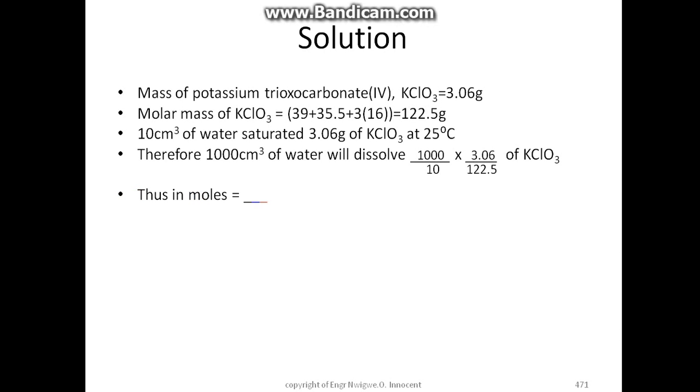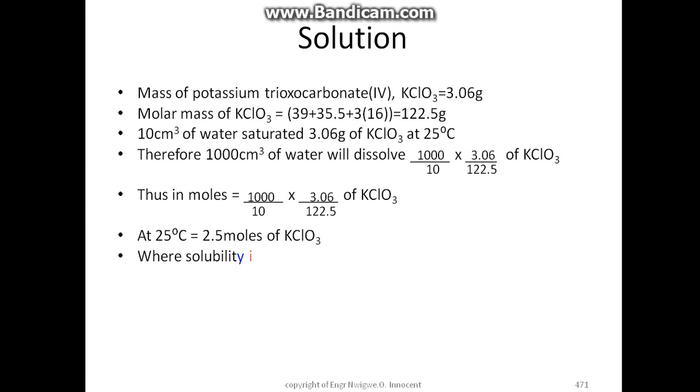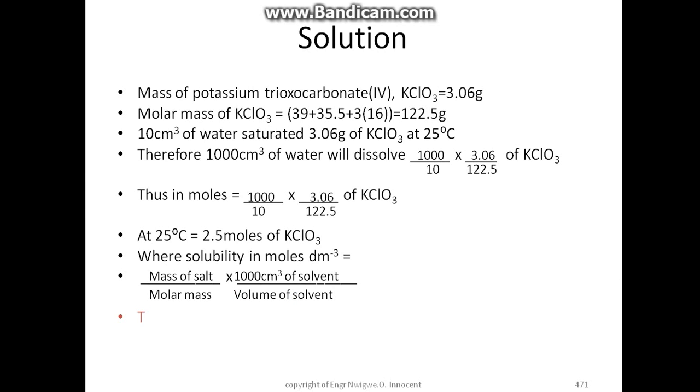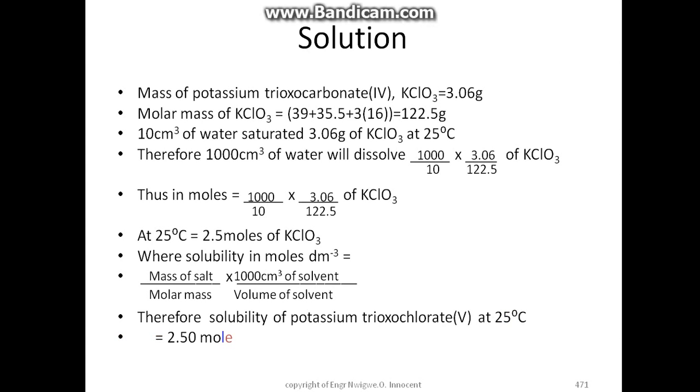Thus, in moles, 1000 over 100 times 3.06 over 122.5 of potassium trioxochlorate(V) at 25 degrees centigrade is equal to 0.25 mole, where solubility in mole per dm cube is equal to mass of salt over molar mass times 1000 cm cube of solvent over volume of solvent. Therefore, solubility of potassium trioxochlorate(V) at 25 degrees centigrade is equal to 0.25 mole per dm cube.